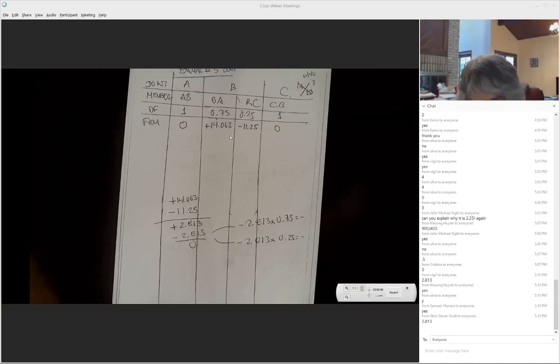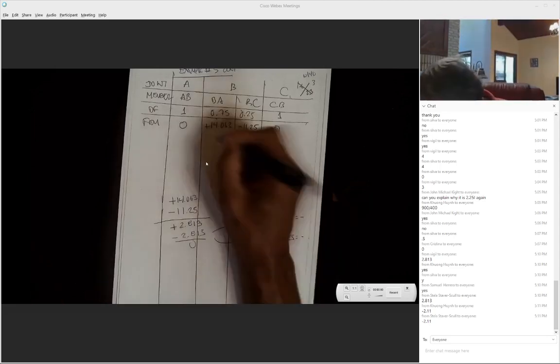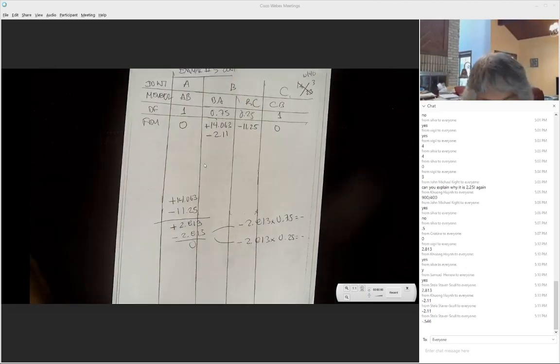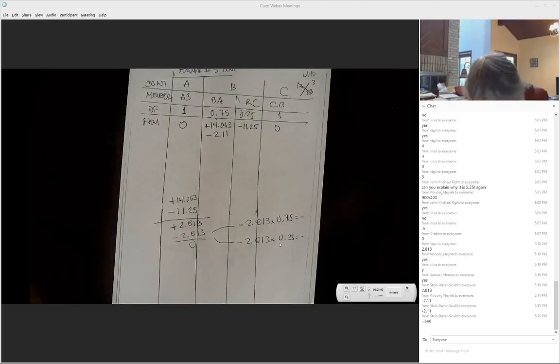Give me this number, please. How much goes into here? Write the number, 2.11, minus 2.11. And the one from here, 0.546.